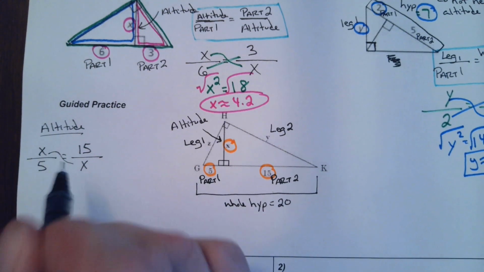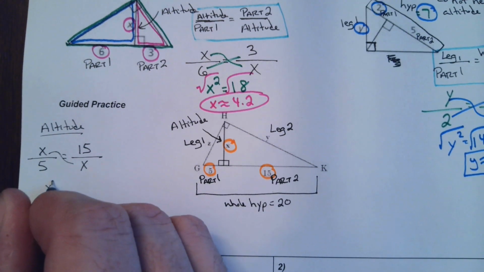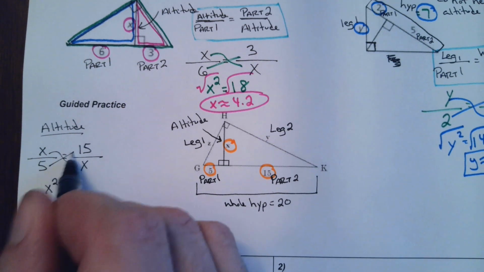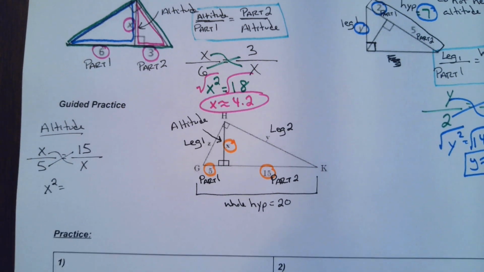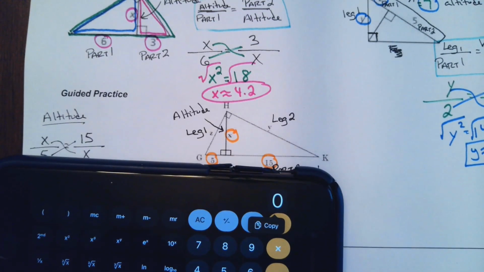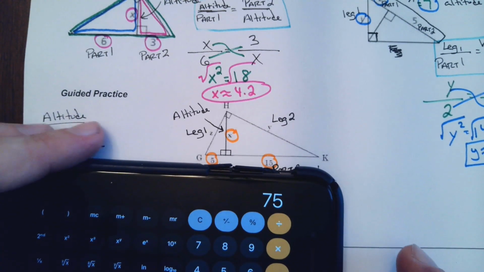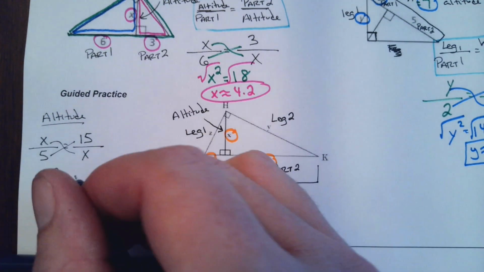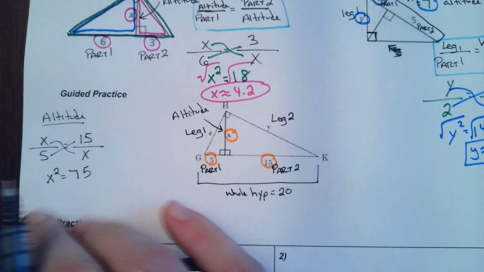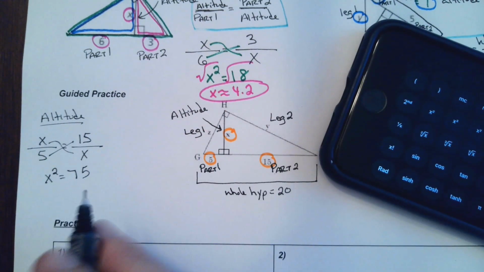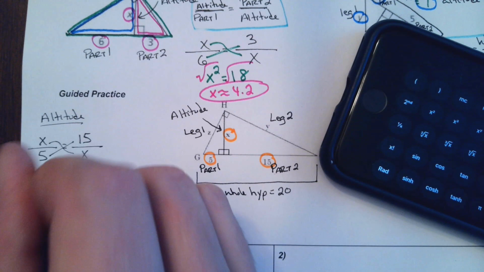Cross multiply, x times x is x squared, 5 times 15, 5 times 15 gives me 75. But now remember that this is x squared, so I need to take the square root.